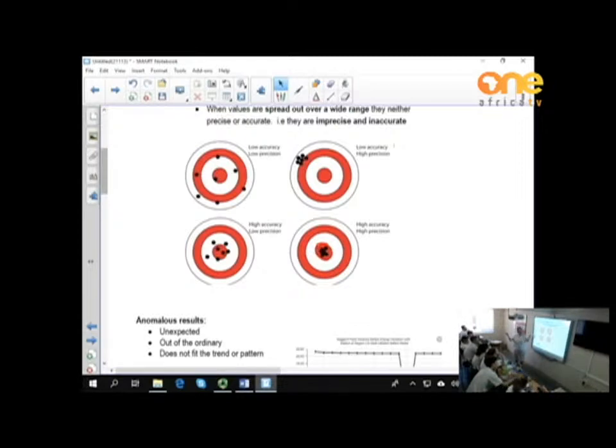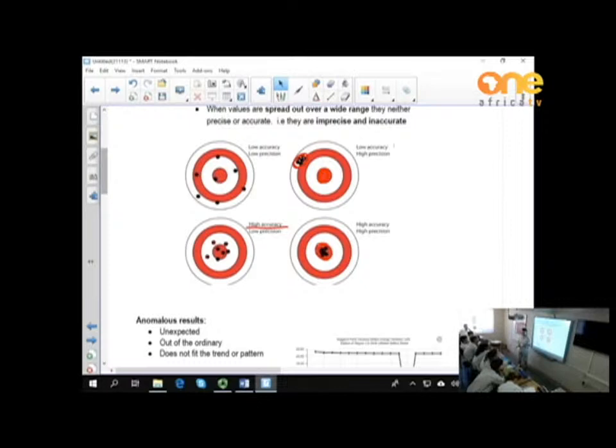If I am inaccurate, it is because my readings are far away from the true value. If I have a fairly high accuracy, but some of my readings are around about, then I can say I have high accuracy, but I wasn't very precise.